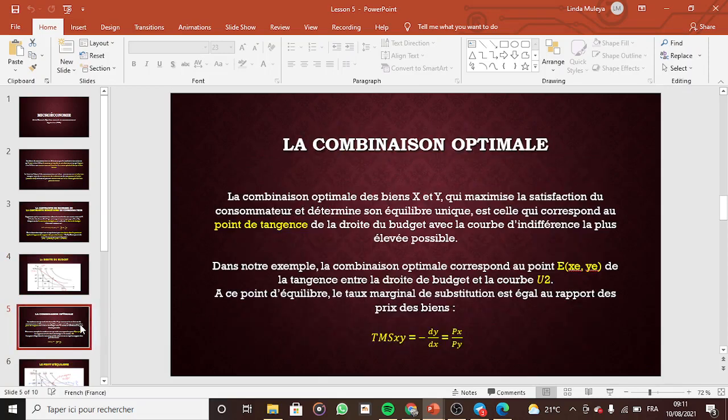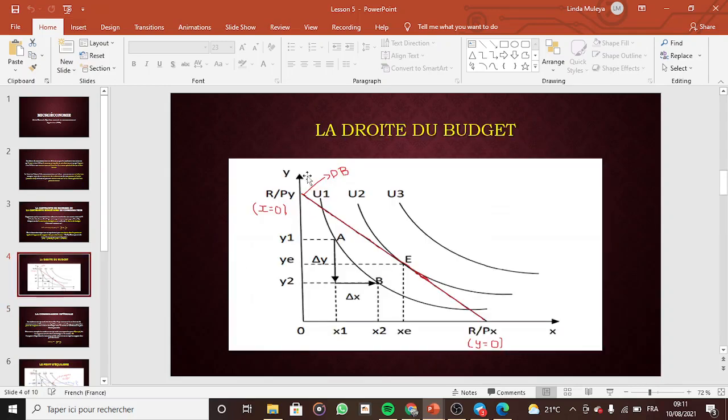We looked at the optimal combination, which coincides with the point of tangency between our budget line and the highest possible indifference curve, which in this case is our point E right here. This is also called the point of equilibrium. This is the point where our consumer gets the most satisfaction while taking into consideration the amount of money they can spend.